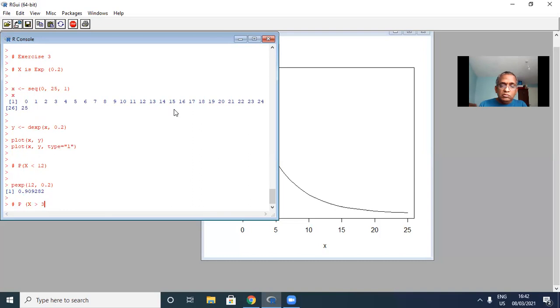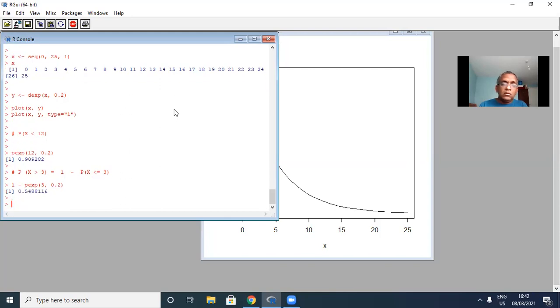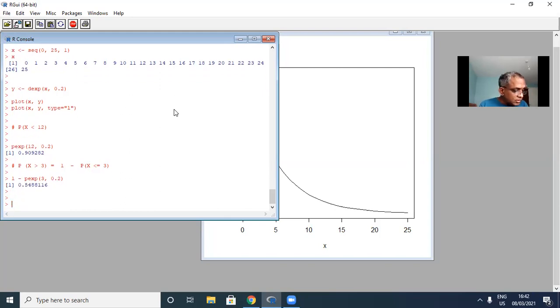The next thing is we want to find this probability, and this can be written as 1 minus the probability that X is less than or equal to 3, right? So to do this in R, you say, right? And the next one is we want to find the probability that X is between 4 and 20.